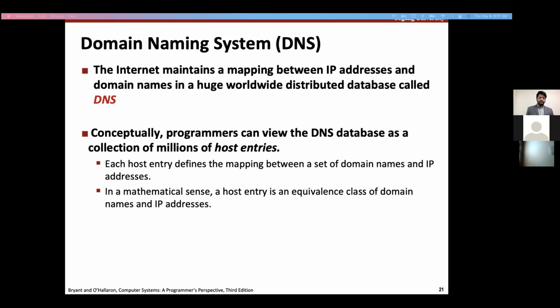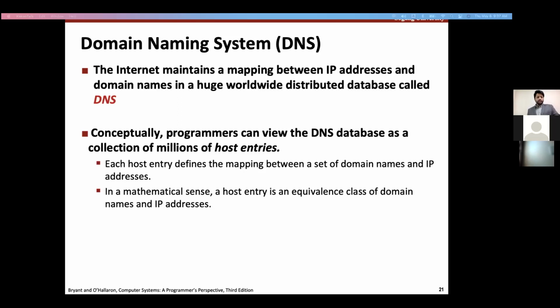So you can look up the IP address based on the domain name, or based on the IP address, you can look up the domain name. Conceptually, a programmer can view the DNS database as a collection of millions of host entries.